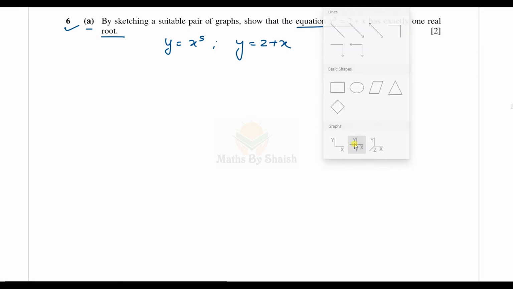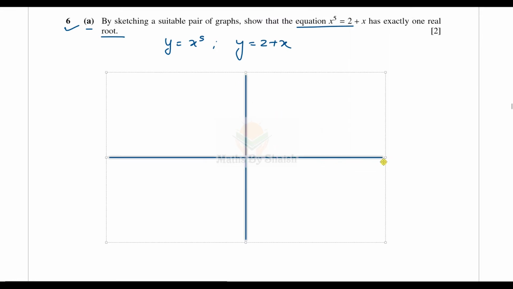So we'll draw the graph, and we can always see that for this curve, if x is equal to -1, y will be -1, and if x is equal to 1, y is equal to 1, and it will of course pass through 0. So this graph will look like this.